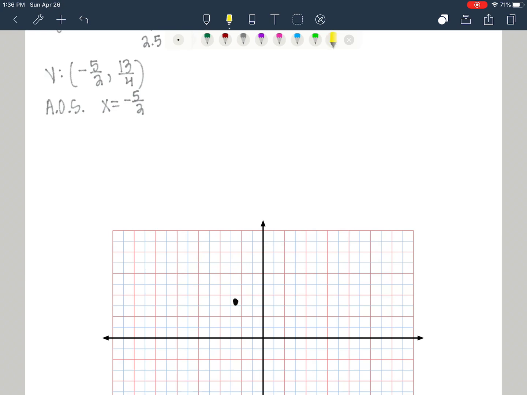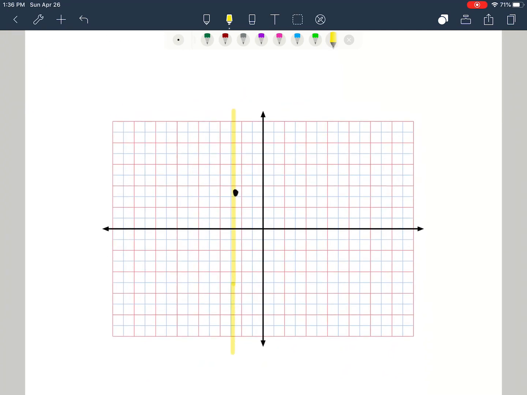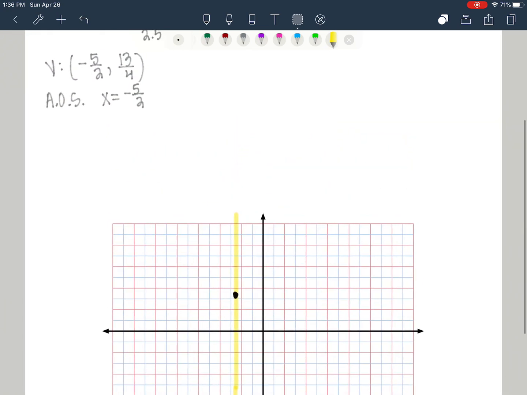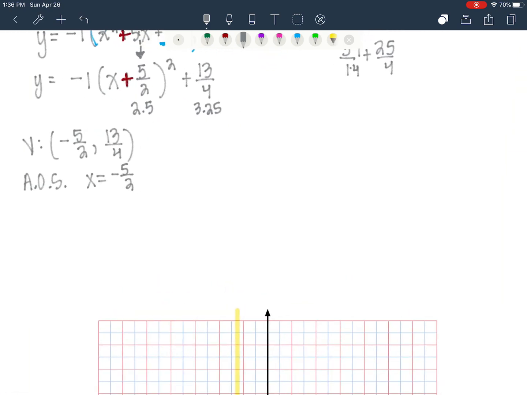I'm going to use a highlighter to draw my axis of symmetry that goes right through the vertex. We talked about a being a negative value, therefore we have a maximum.